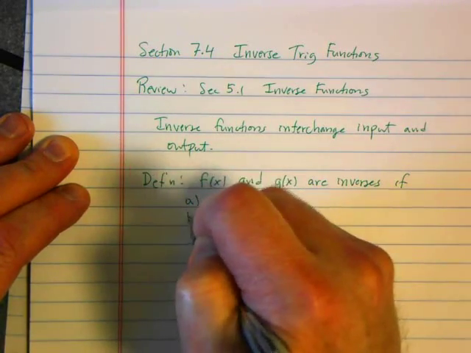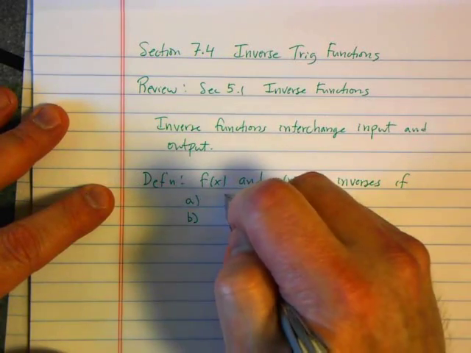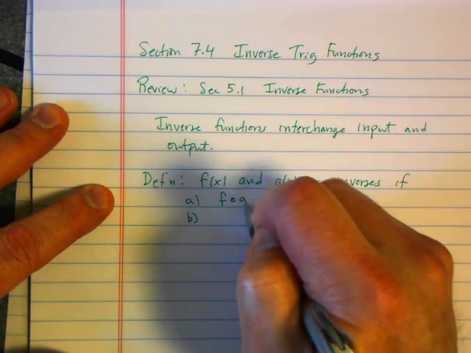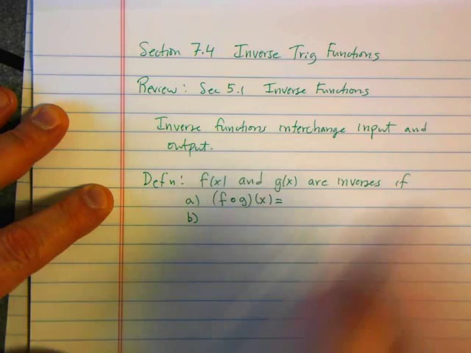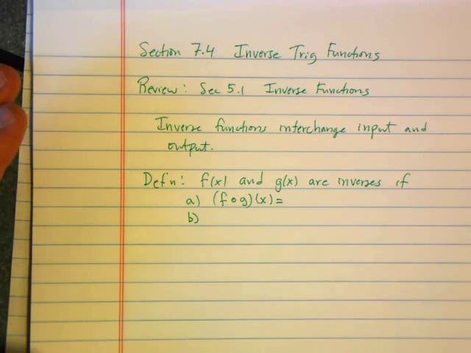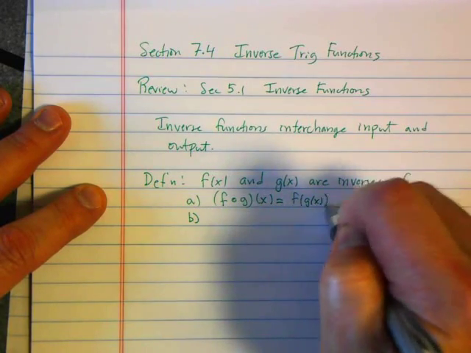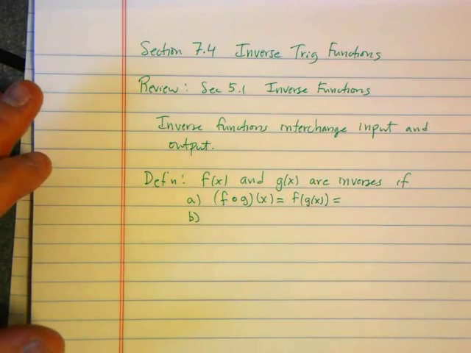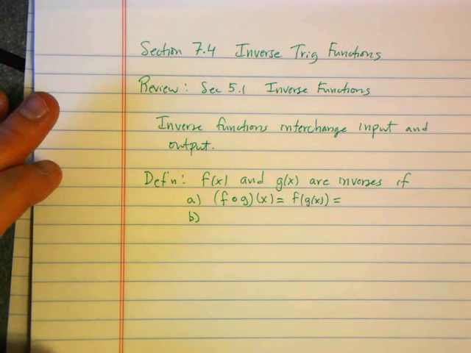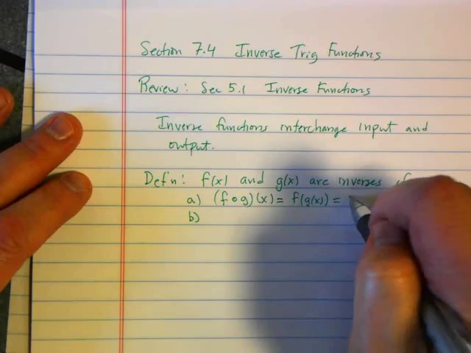The first one, you do f composed with g. And what do you get? That's the same as f of g of x. And when you simplify it all down, you get something very nice. x. It simplifies down to be x.